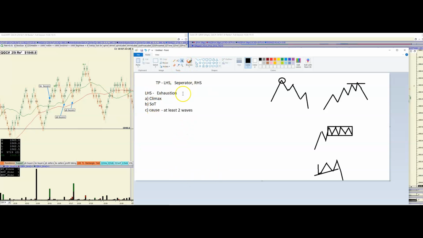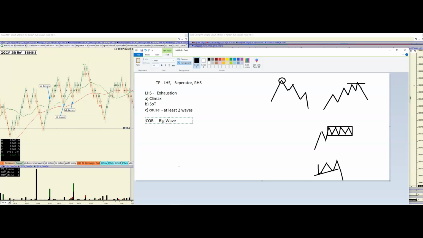Now I'm going to go into the separator. The separator separates the left-hand side from the right-hand side. All that is your change of behavior, which is nothing more than a big selling or buying wave if you're going long. Let's just call it a big wave of buying or selling. You need that very important piece. You hear people say, I only trade on the right-hand side, etc. What do you mean?